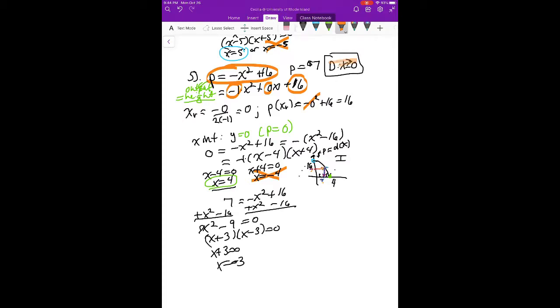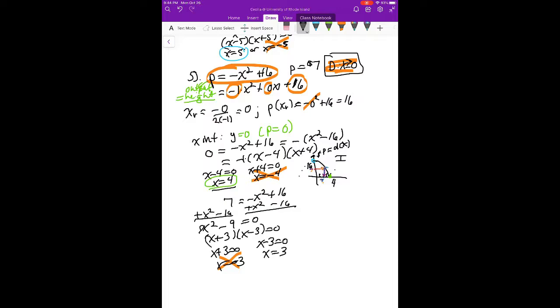But that's not in our domain, remember? So this is not an answer, so we have to go only with the ones that are positive. So when x minus 3 is 0, we add 3 to both sides, and we end up with x equals 3.